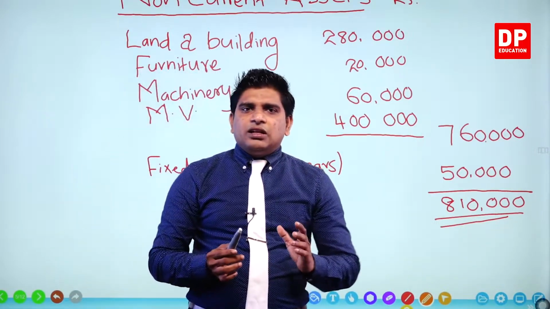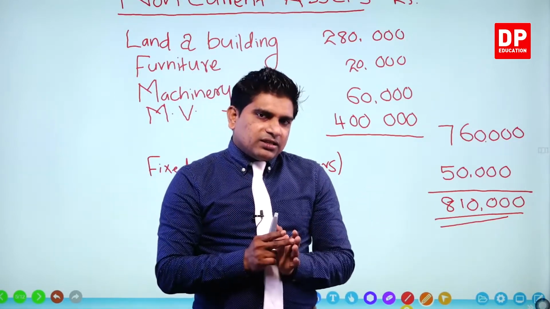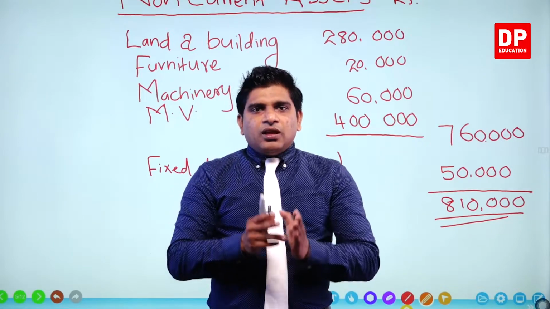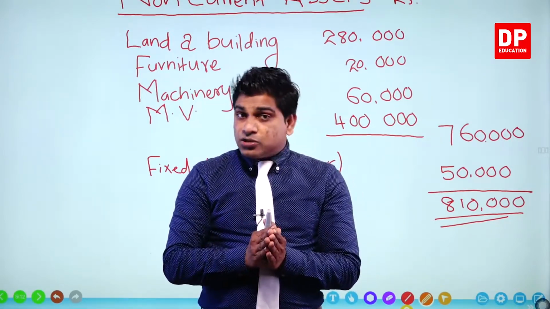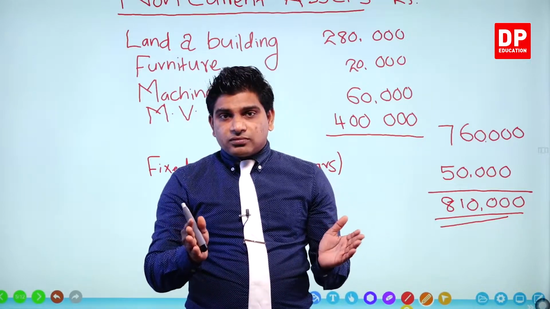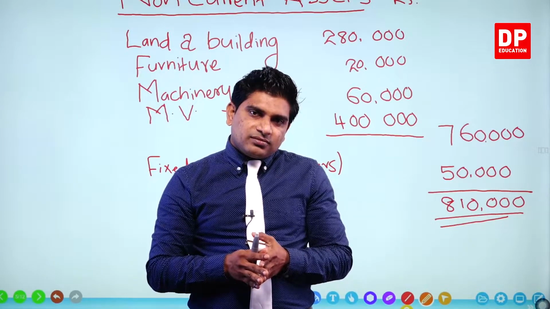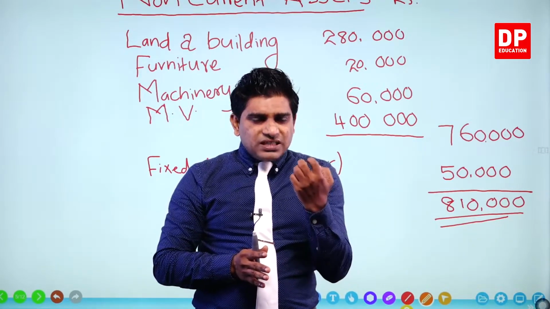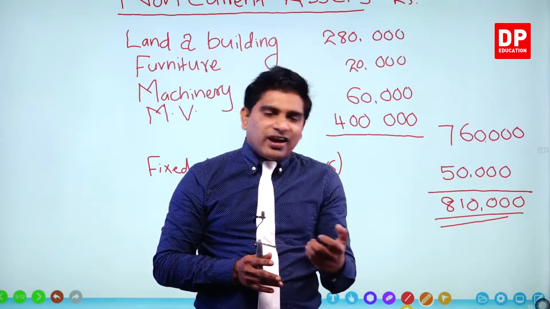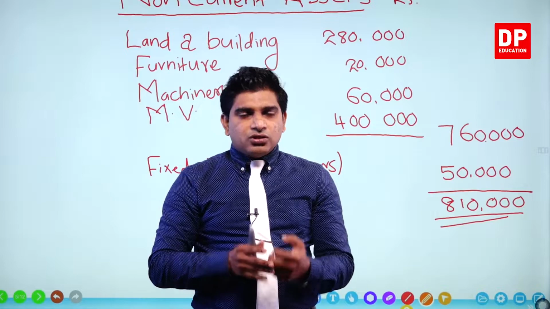Now you have a doubt. Why do we record fixed deposit separately? Remember this. Non-current assets we can classify again into two main categories: tangible assets and intangible assets. Tangible means you can see them physically, you can touch them.